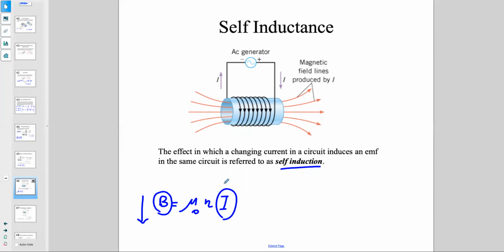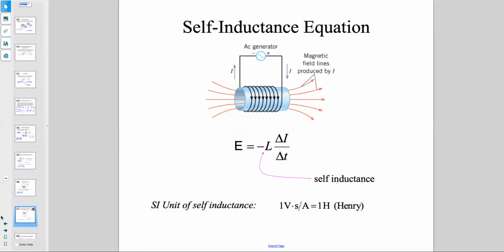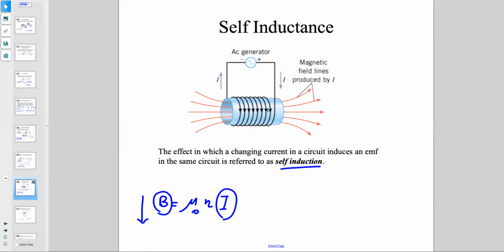Okay, so let's say that I have a B field. Let's actually look at this example. Let's say that I have a current going through this solenoid, and this current is decreasing. This means the B is decreasing.